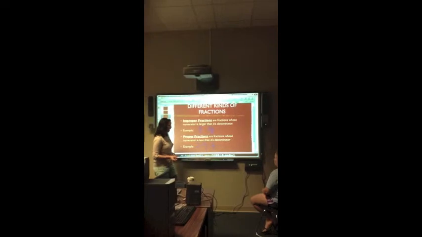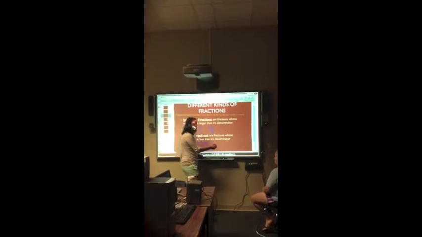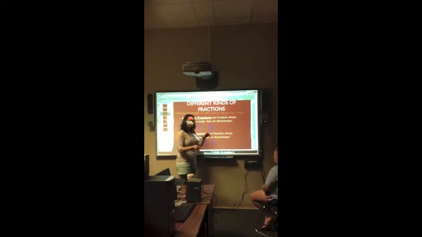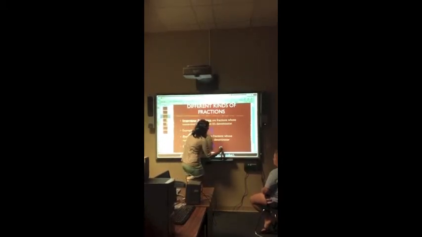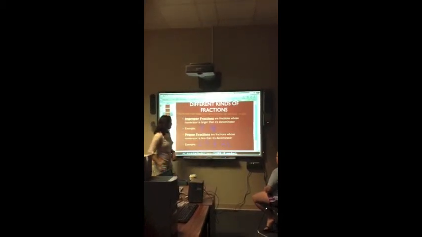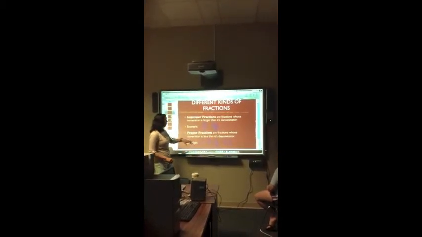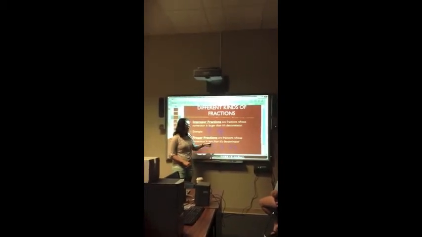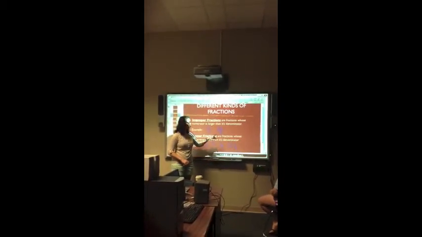And you also have proper fractions with a leading coefficient, the larger number in front of the fraction. So all of these are proper fractions: 2/1, 3/5, and 2 times 1/3.